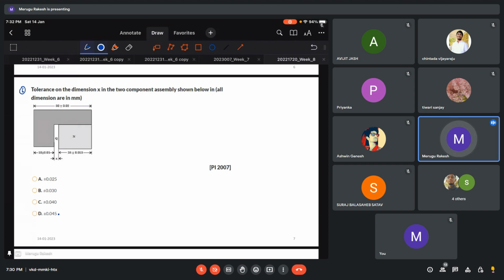But if it is bilateral and not equal, then it is better you go with the main formula. Suppose they are not equal, just follow this method.